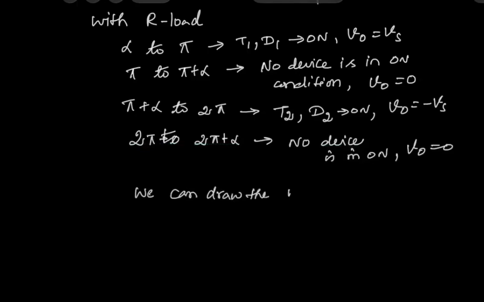Now we can draw the waveforms. We are going to draw the waveforms for the input voltage, the gate currents, output voltage, and output current.